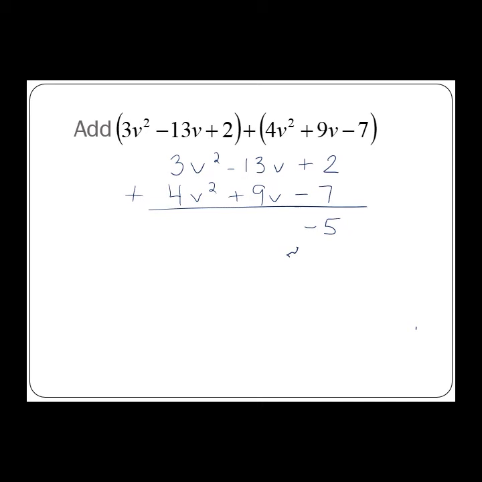Negative 13 plus 9 is negative 4. And 3 plus 4 is 7. So this is our answer.